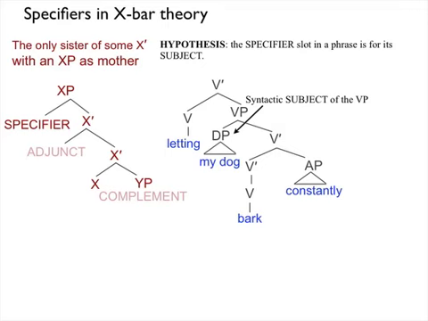Now, the other possibility that I think is actually wrong is to have this be a clause with lots of empty structure. So the original analysis would have been let my dog barks constantly, or something like that. A full clause with all of the structure of a clause, and then you delete all of the stuff that would make it be like a clause. For example, the verb here has to be in the infinitive form.